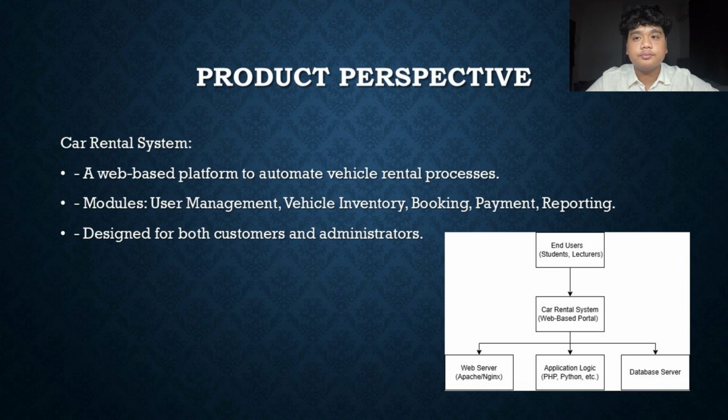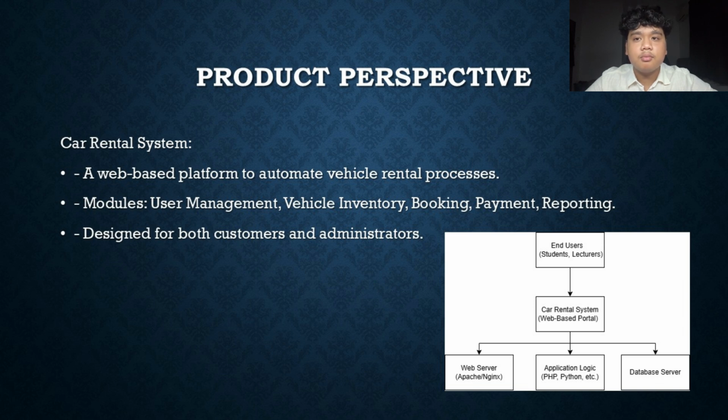B032310532. Product perspective. Our car rental system is a web-based platform that is designed to streamline the car rental process for both our customers and the administrator. It is built to automate key operations, making renting a car efficient and user-friendly. The system integrates several subsystems.